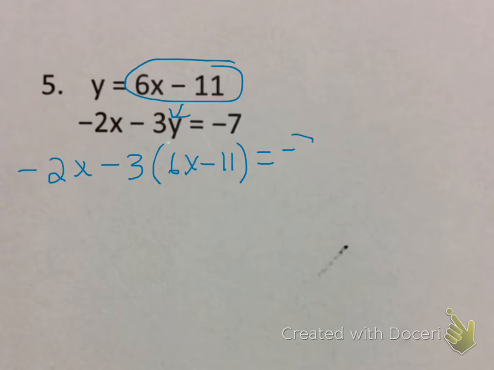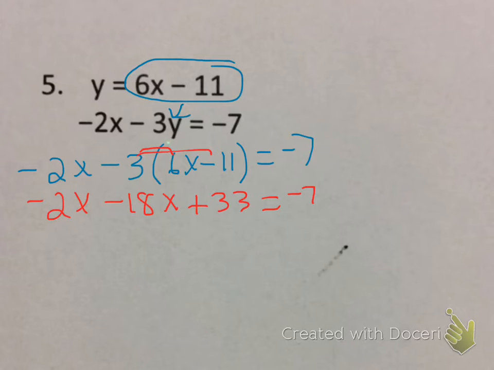So I'm going to have the minus 7 off the end. I'm now going to distribute that negative 3 through right there, and I'm going to solve that as I go by getting the variables by itself. So I'll have a negative 2x rewritten here, have a negative 18x from the 3 and the 6, then a positive 33 from the negative 3 times the negative 11, and then I still have negative 7.